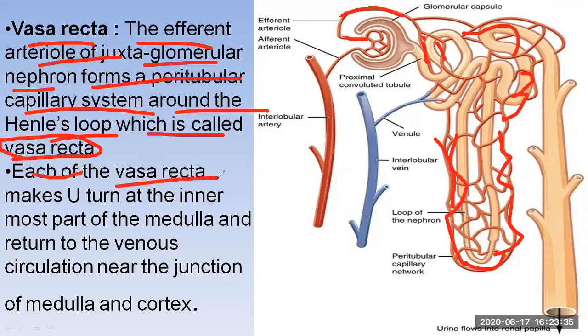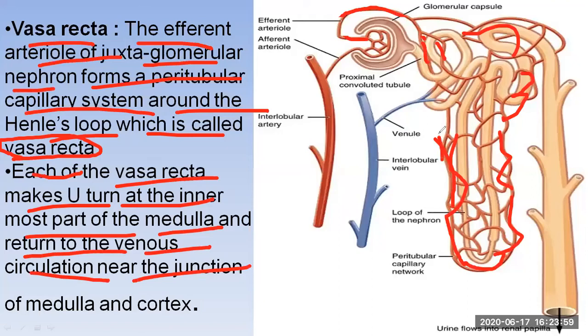And each of the Vasa recta makes a U-turn at the innermost part of the medulla, because the loops of Henle are mostly found inside the medulla. So Vasa recta also run inside the medulla. Each of the Vasa recta makes a U-turn at the innermost part of the medulla and returns to the venous circulation near the junction.